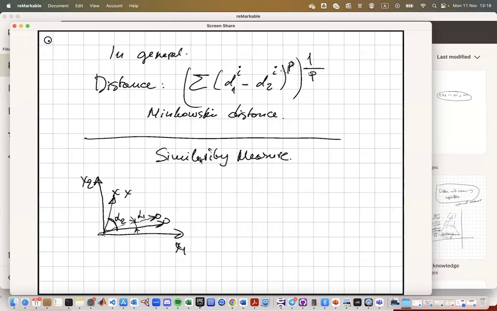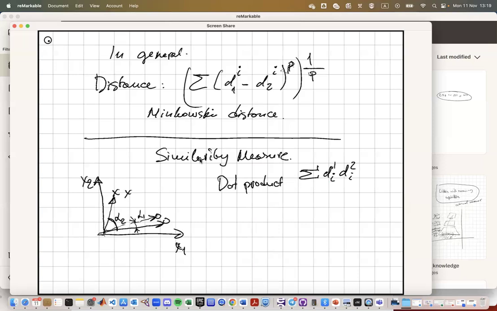Two measures that capture this are, first, the dot product, where you basically sum up, in our notation, these are data points: data point 1 coordinate i multiplied by data point 2 coordinate i.